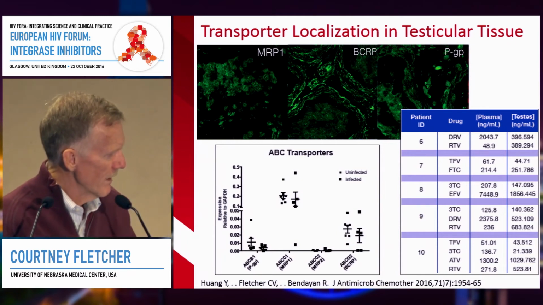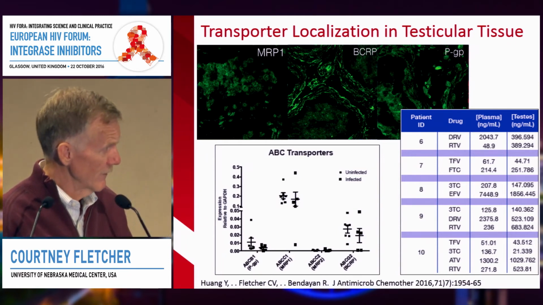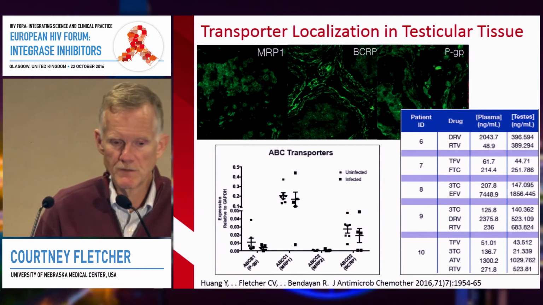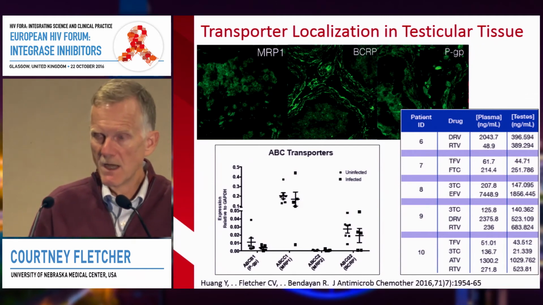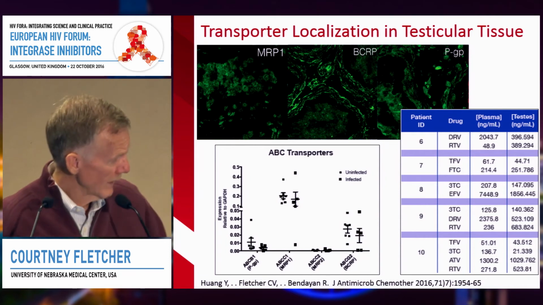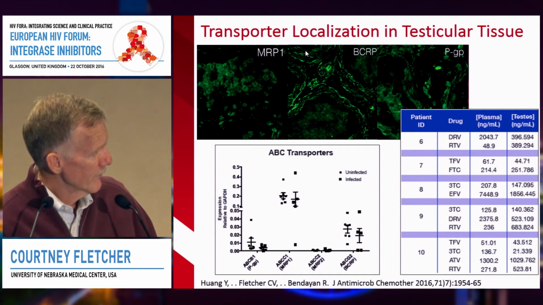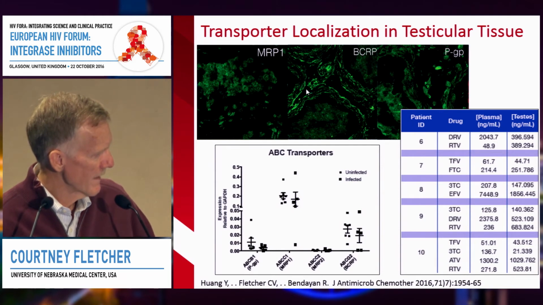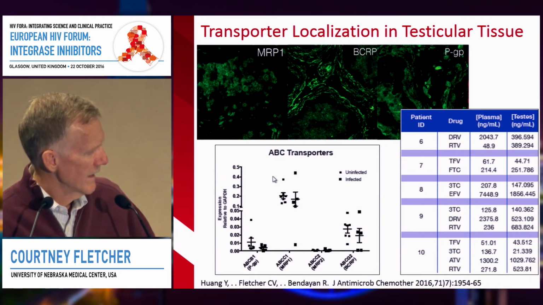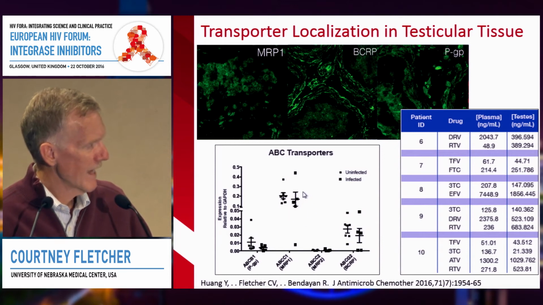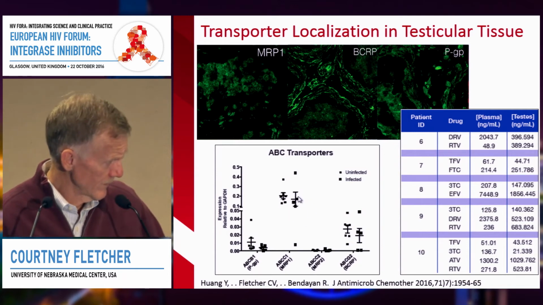And these are data from a paper published earlier this year looking at testicular tissue that is very rich in membrane transporters. And really honing down into three: MRP1, breast cancer resistant protein, P-glycoprotein that you've heard a lot about, and finding that MRP1 in particular was highly expressed in testicular tissues.